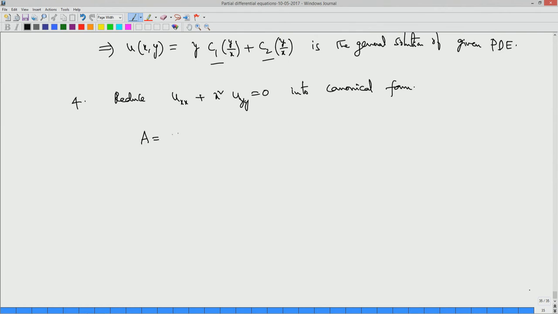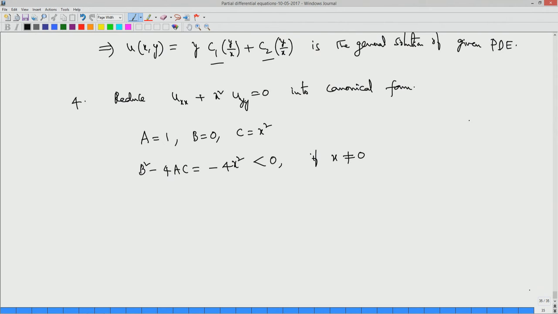So here again routinely a is 1, b is 0, c is x square. So you see that b square minus 4ac, b is 0, minus 4x square. This is always negative for every x non-zero.